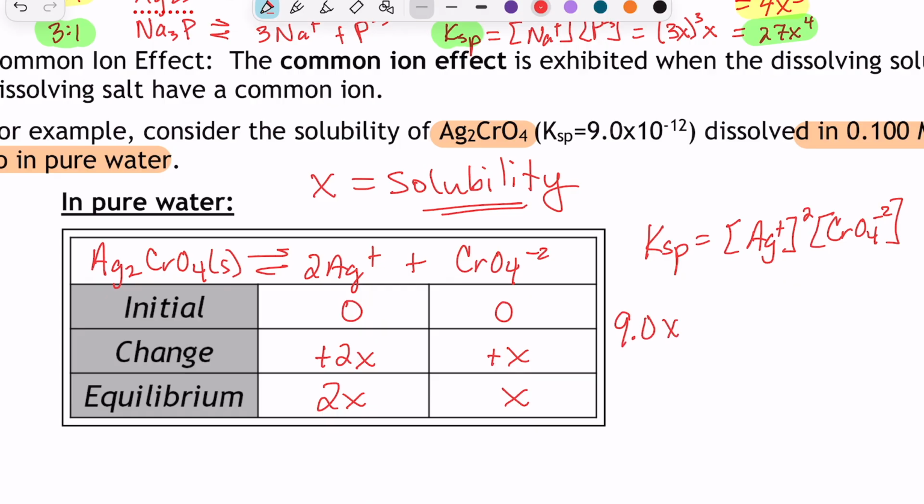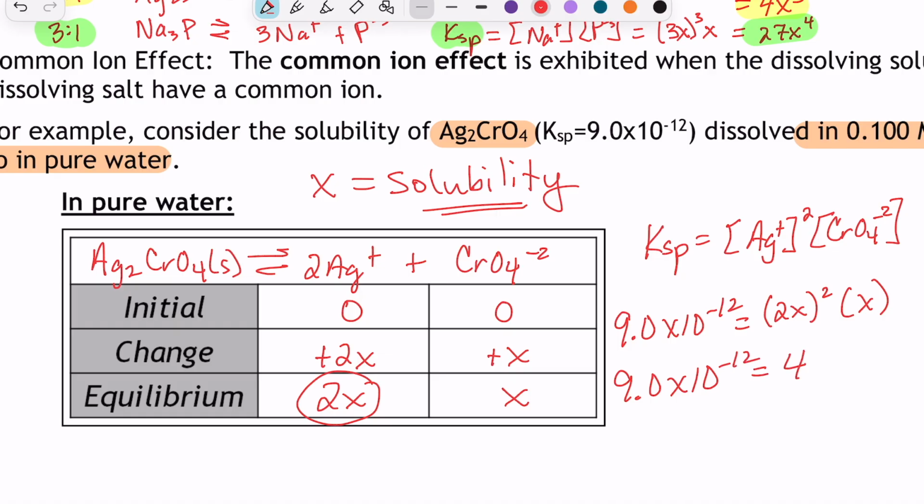9.0 times 10 to the negative 12 is our Ksp. And we have 2x for Ag, so (2x) squared times x. Notice that it's a 1 to 2 ratio. So Ksp is equal to 4x cubed. I just showed you how to derive that before. It's okay if you don't memorize that because it's easy enough to work out.